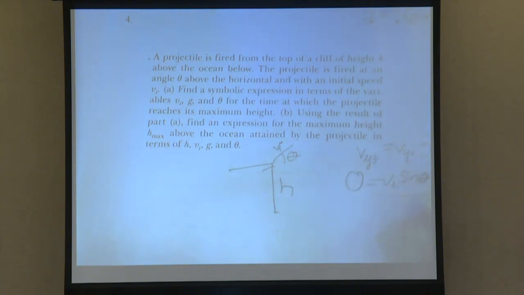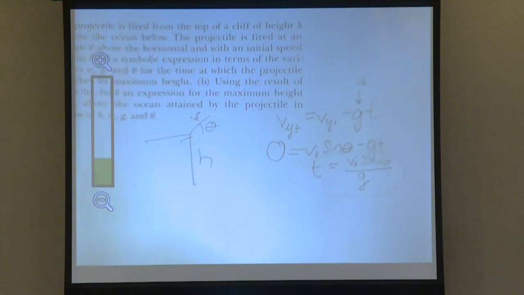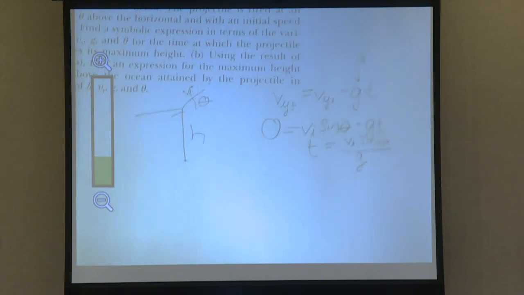When you rearrange this in terms of t, you get that t is equal to vi sine theta over g. So this would be the term for time. Okay, so that's part A.